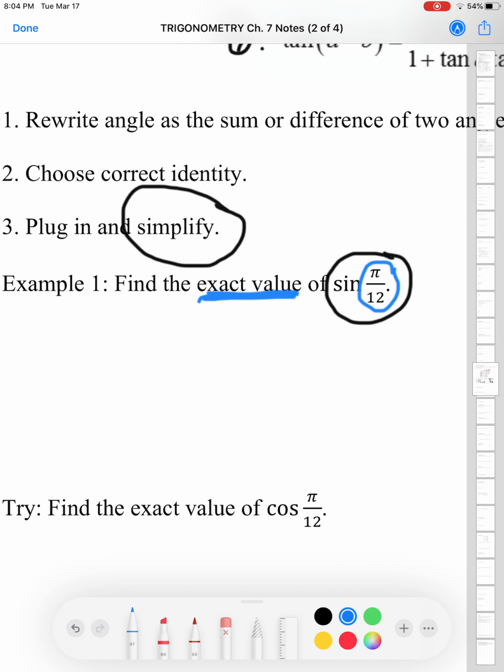Pi over 12 is a pretty common one, and it is pi over 3 minus pi over 4. Here's how it works: if I get a common denominator of 12, I would multiply and get 4 pi over 12 minus 3 pi over 12.